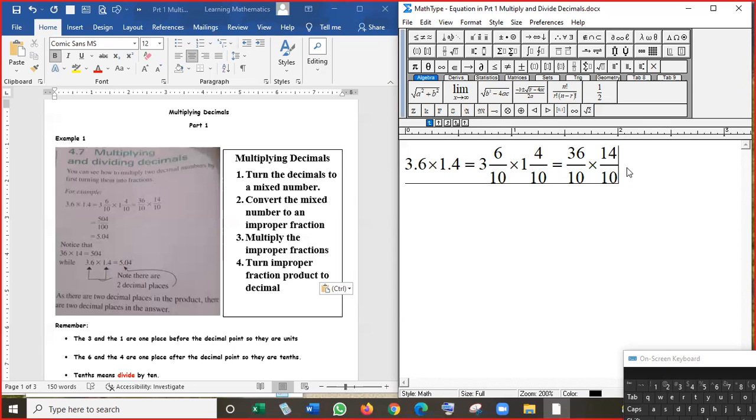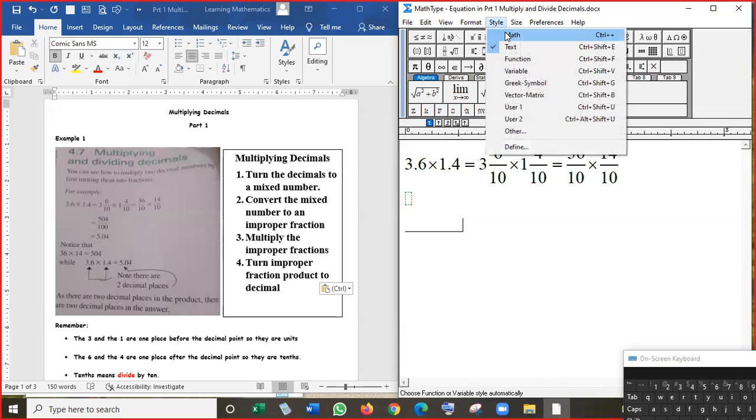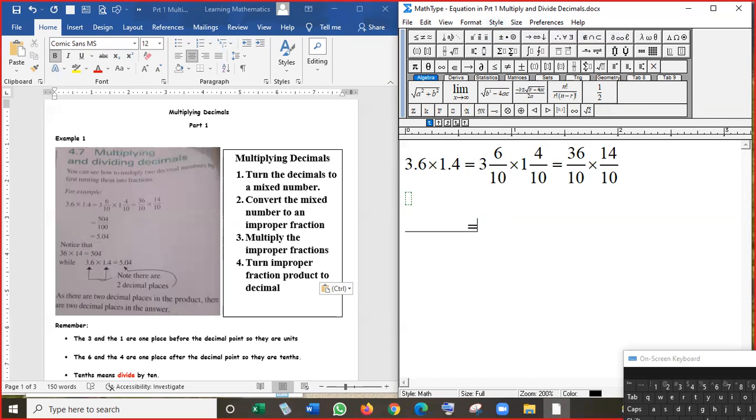So what we do now, we multiply numerator by numerator, denominator by denominator. So if you have a calculator, you can multiply 36 by 14, and 10 by 10, which is 100.